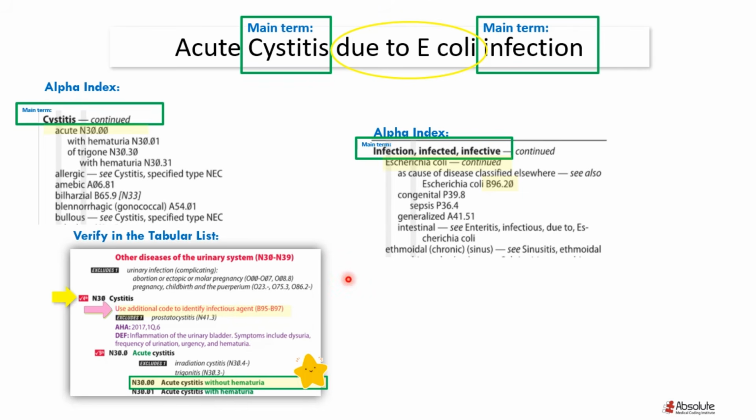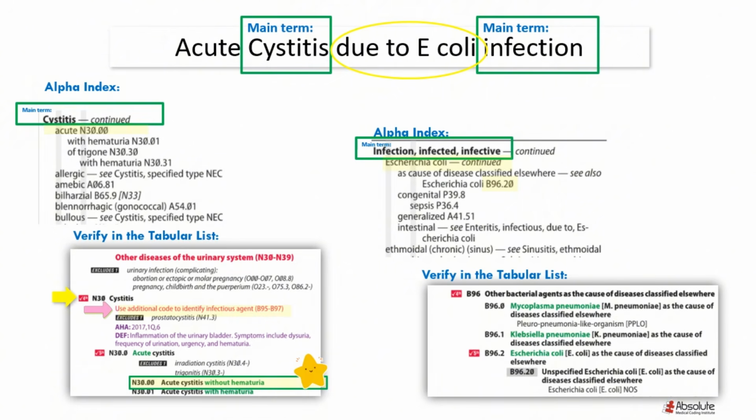We're going to look up in the tabular list B96.20, but we're going to stop at the boss. And this is the category for other bacterial agents as the cause of diseases classified elsewhere. We're going to go down to B96.2, Escherichia coli or E. coli as the cause of diseases classified elsewhere.